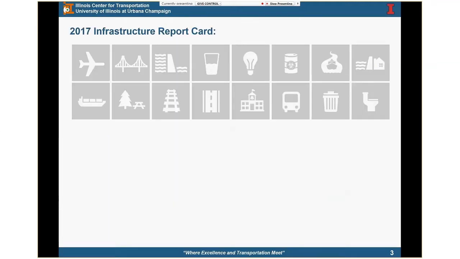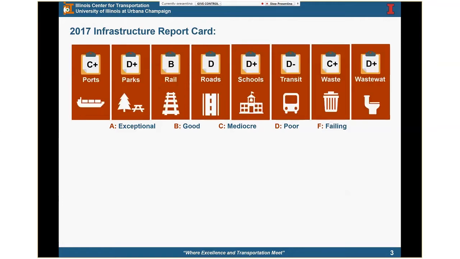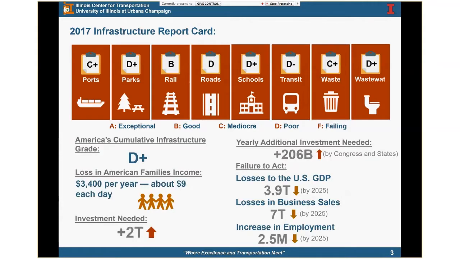So before we start here, just to make sure that we are all on the same page, you all are aware of the condition of our infrastructure, regardless if that's roads or bridges or dams or waterways, or even the rail system, the schools, the transit. So all of them together, we're giving a grade of D+.